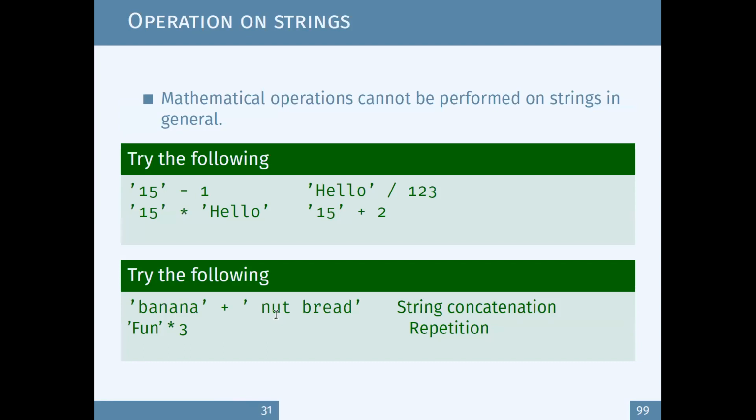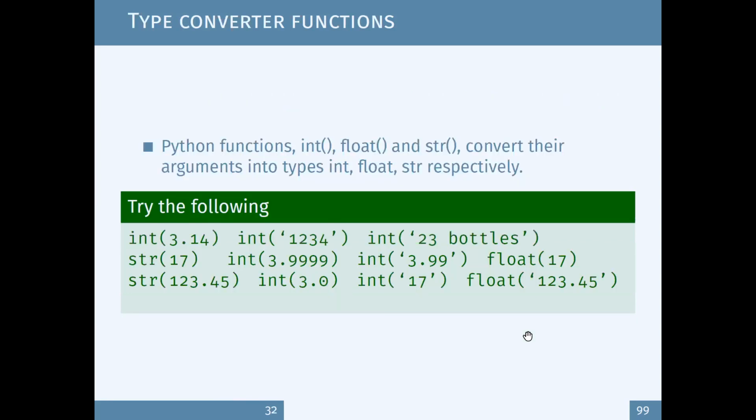Then we also discussed operations on strings, right? For string values, generally you cannot use other expressions, but you can use two things: concatenation and multiplication. So these two are possible. And finally, we finished our discussion with type converter functions.